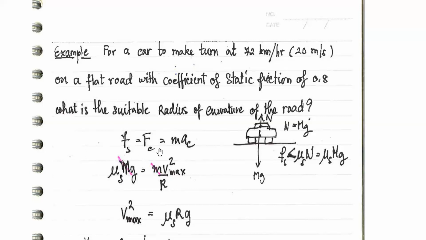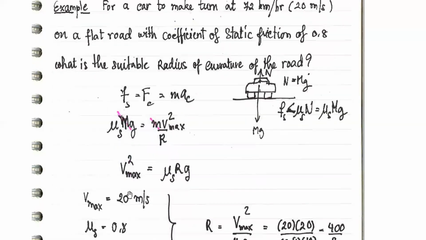So Fs equal to m a c, and you get mu s times mg equal to m v squared over r, and that is V maximum. Now the mass cancels out, and then you have V maximum squared equal to mu s times radius of curvature of the road times g.